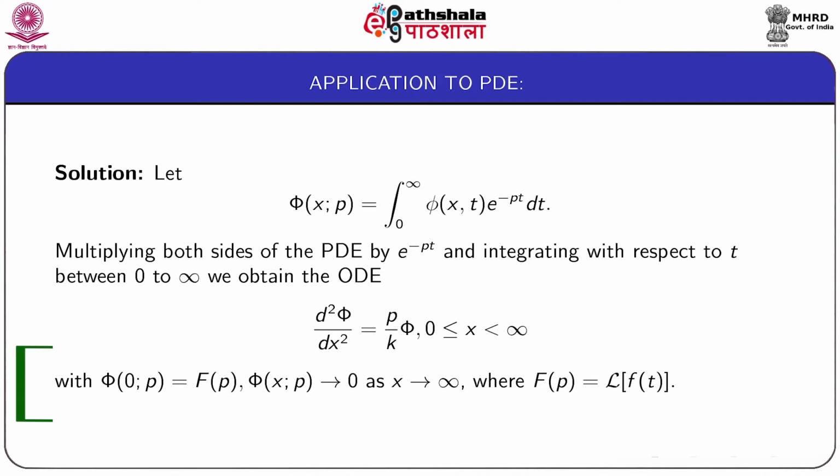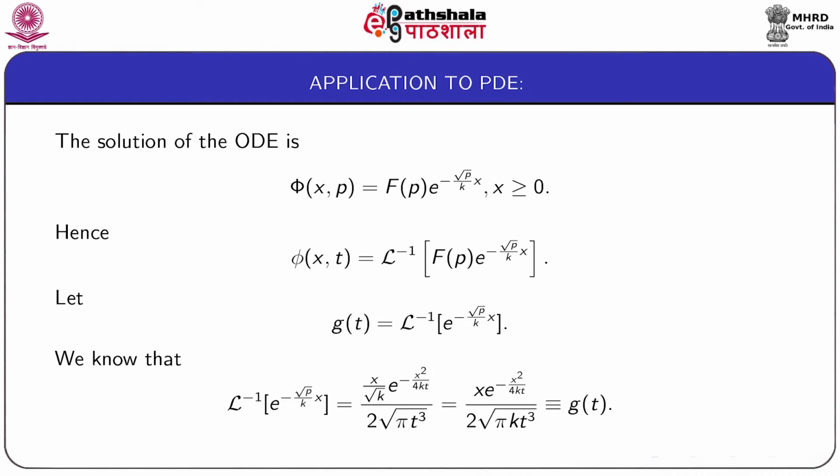Here F(p) is the Laplace transform of f(t) occurring in the boundary condition. So, here we have to solve this ordinary differential equation in Φ together with these boundary conditions.